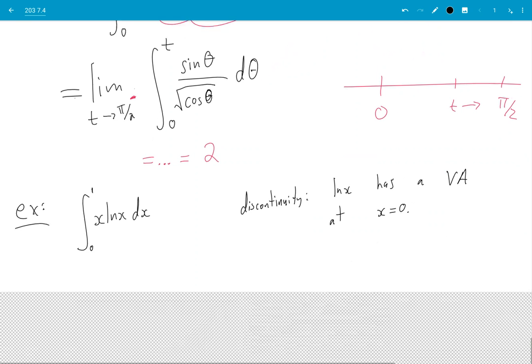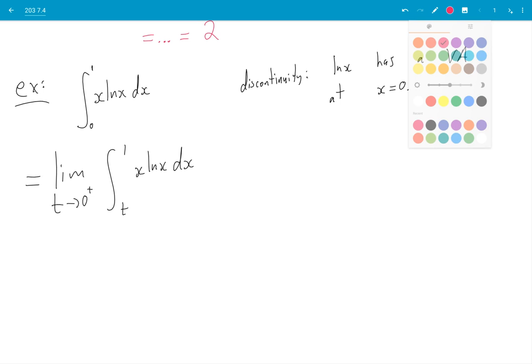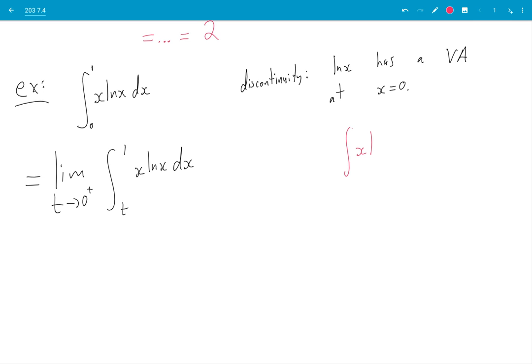So that is telling me that I should be going limit t goes to 0 from the right in this case. And then to find the indefinite integral of x ln x, this is going to require integration by parts.